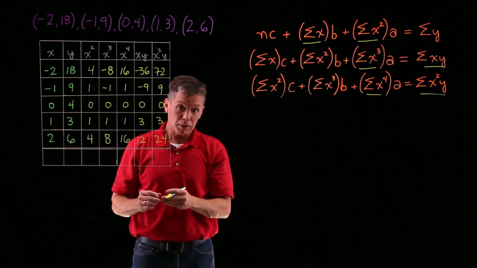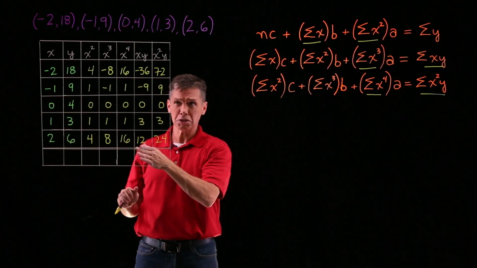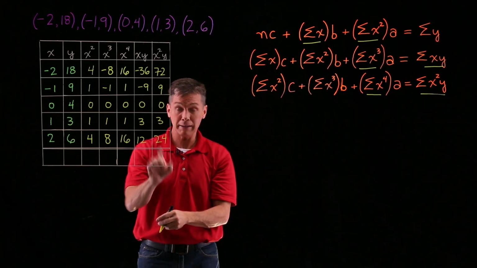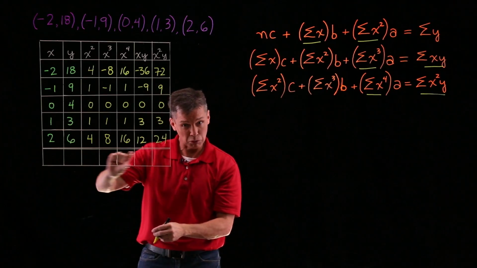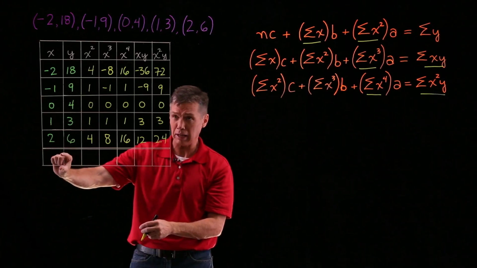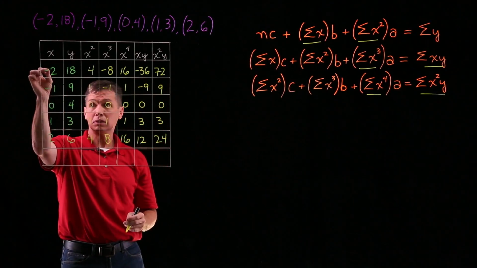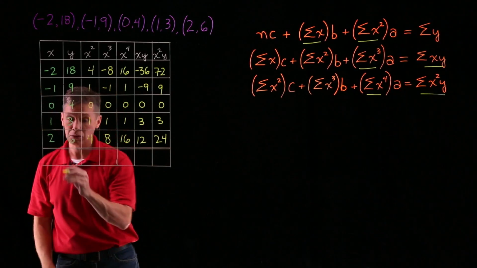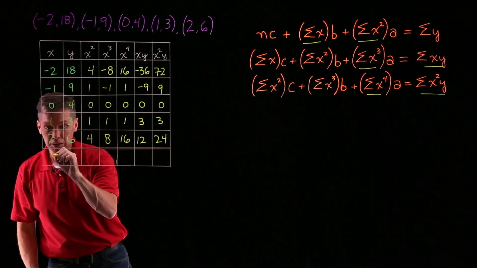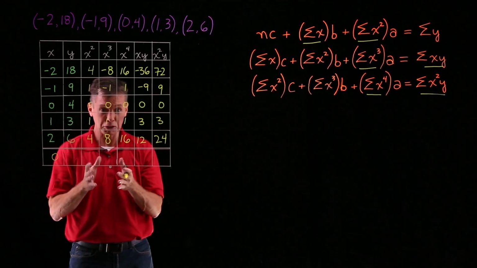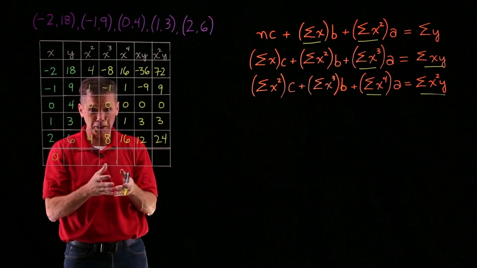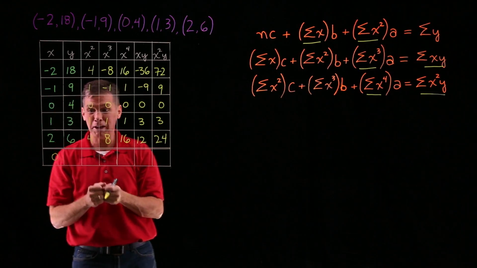Okay? The reason for this table and each of the columns is because I want to add each column up, and that's what I've got ready for myself in that last row. So let's add up each column. Negative 2, negative 1, 0, 1, and 2. That's conveniently 0. That was whoever created this data set being nice to us, so good for that.